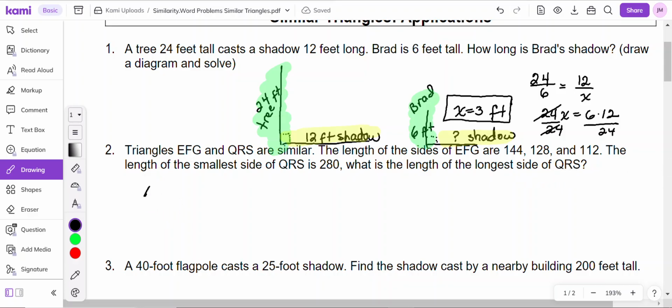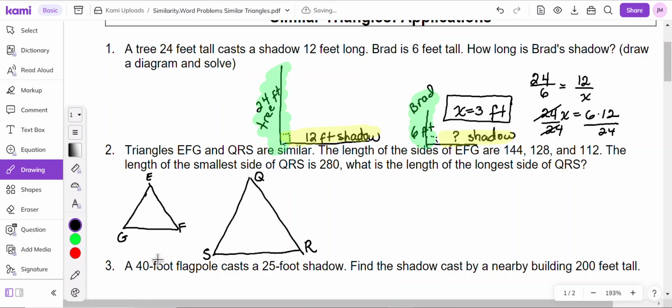So I'm going to draw two triangles. Right? EFG clockwise, QRS clockwise as well.